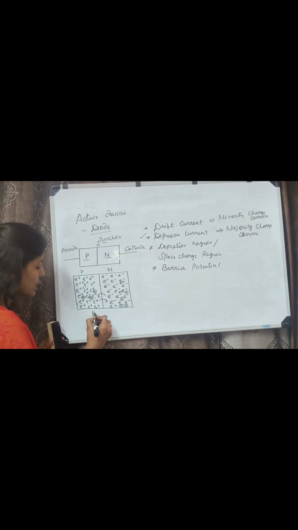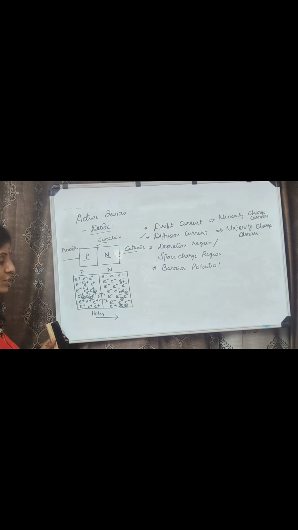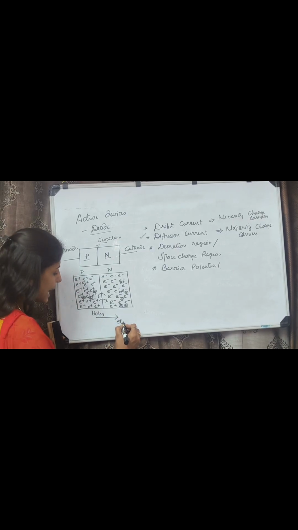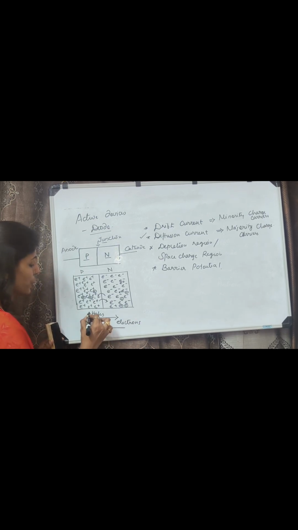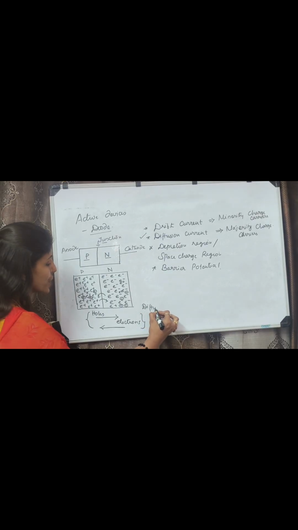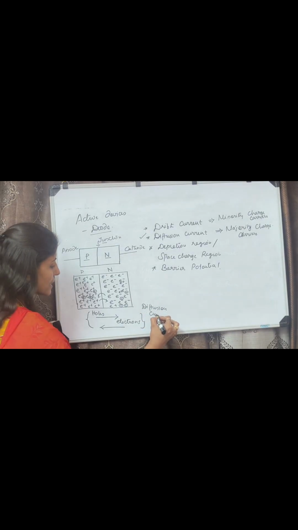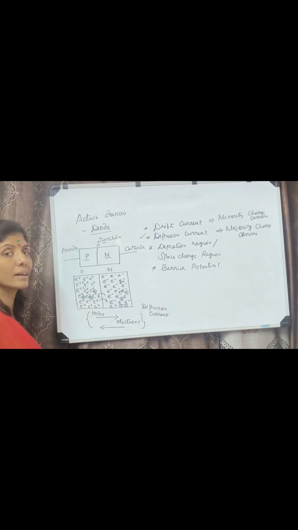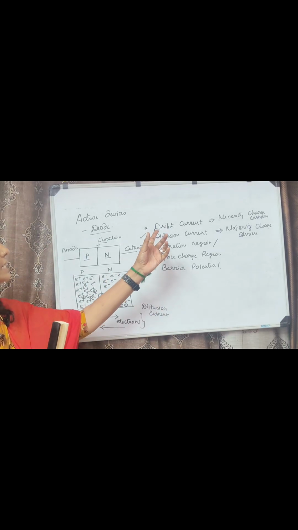Holes moving from the P region to the N region, as well as electrons moving from the N region to the P region, is termed a diffusion current. Clear?